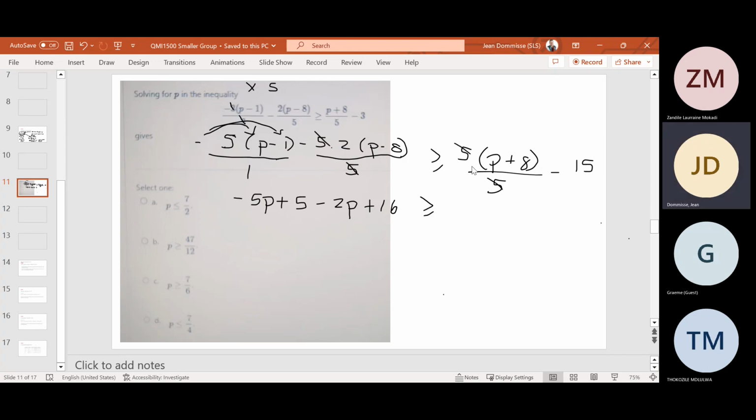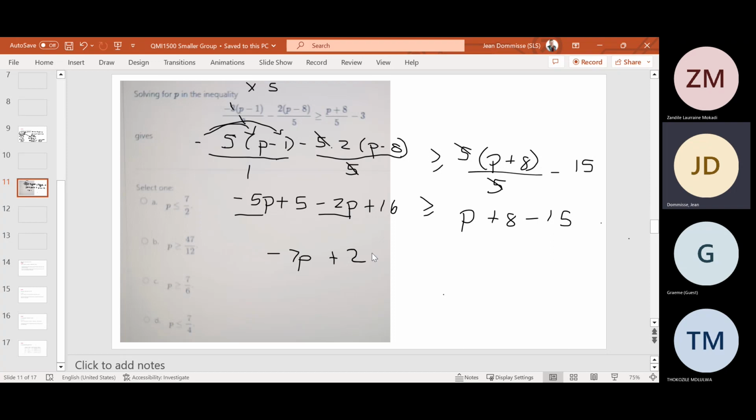That cancels out. We sit with p plus 8 minus 15. Okay, this is going to be interesting to see which option. Okay, so let's just get all the p's on this side so long together. Minus 7p. And please, if you see any mistakes, let me know.